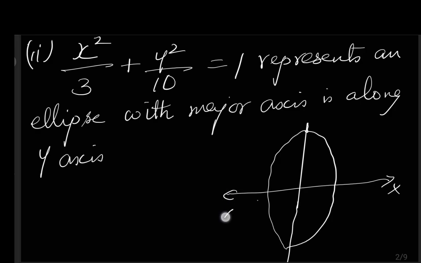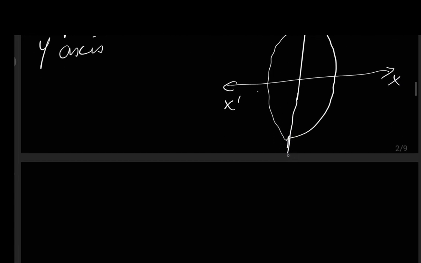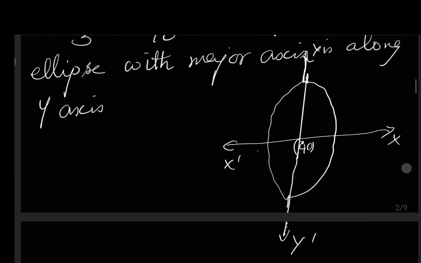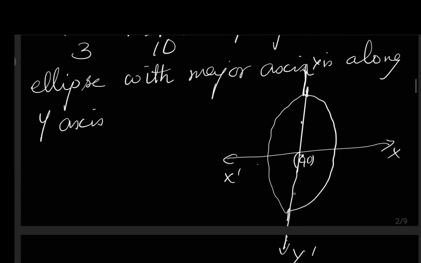See x dash and this is y dash. Center is the same, 0, 0. And the foci lie on the y-axis. The major axis is here the y-axis. So, S dash: x value is 0, AE and 0, minus AE.